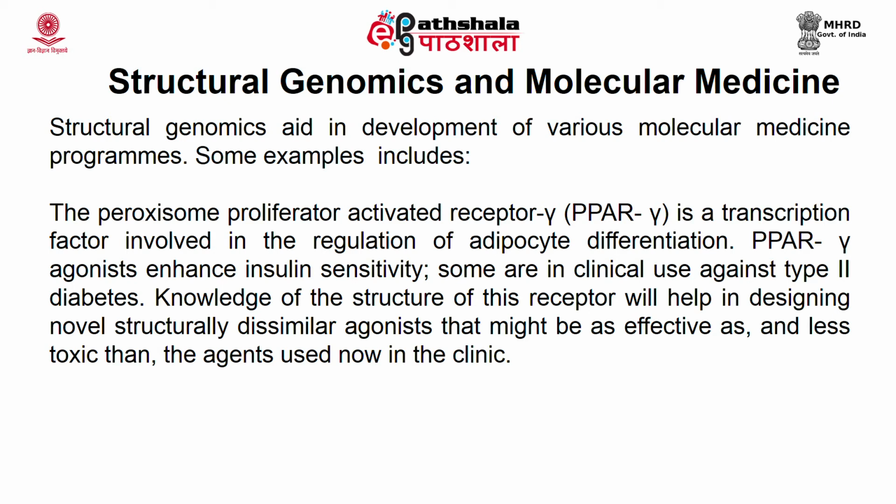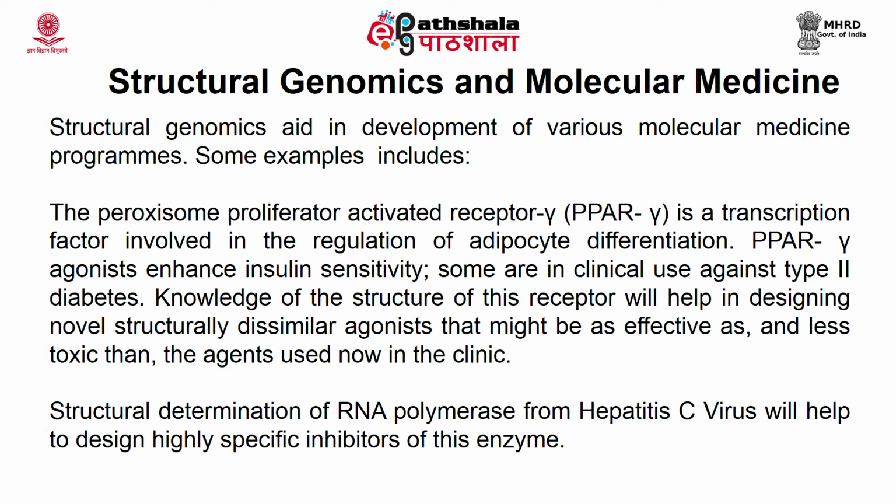This is a transcription factor involved in the regulation of adipocyte differentiation. PPAR gamma agonists enhance insulin sensitivity. Some are in clinical use against type 2 diabetes. So, knowledge of the structure of this receptor will help in designing novel structurally dissimilar agonists that might be as effective as and less toxic than the agents used now in the clinics.